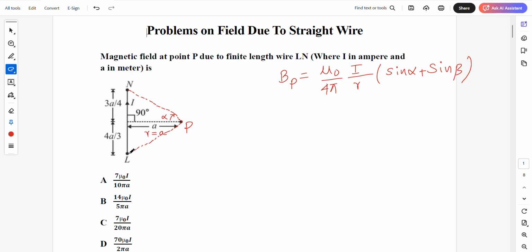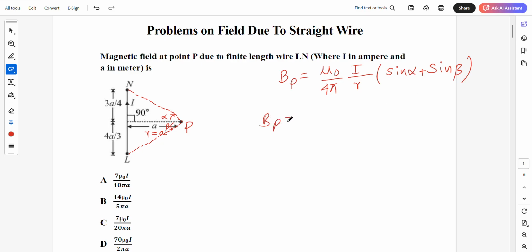Join these 2 points P and L, this is beta. Hope you understood. Join N and P, and this is making an angle alpha. Join P and L, this is making an angle beta. Now you have to find sine alpha and sine beta.